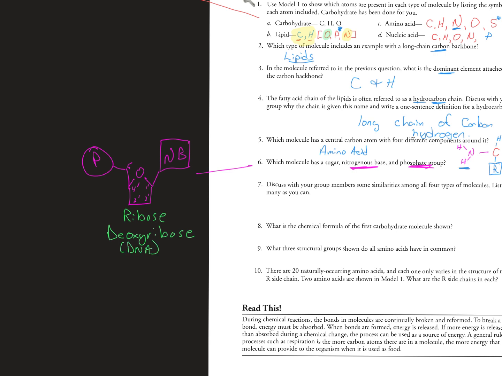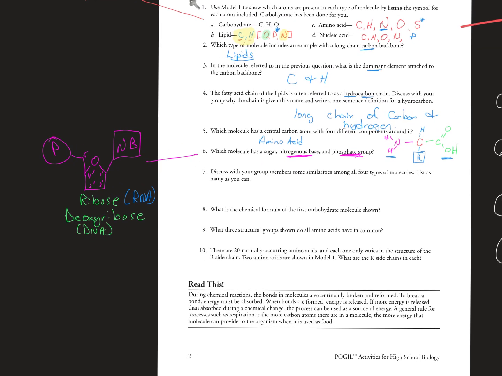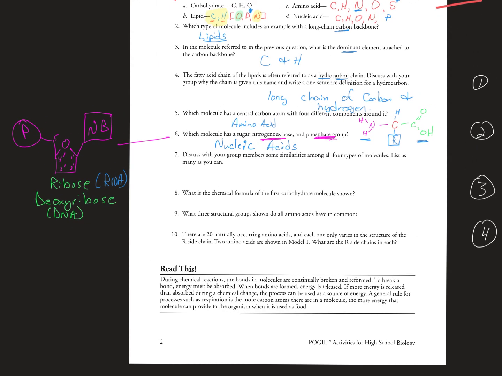I don't even know what I said a minute ago, but DNA is deoxyribose and RNA is ribose. Okay? So the answer is nucleic acids. The two main nucleic acids that we talked about, the only two we talked about, are ribonucleic and deoxyribonucleic acids.